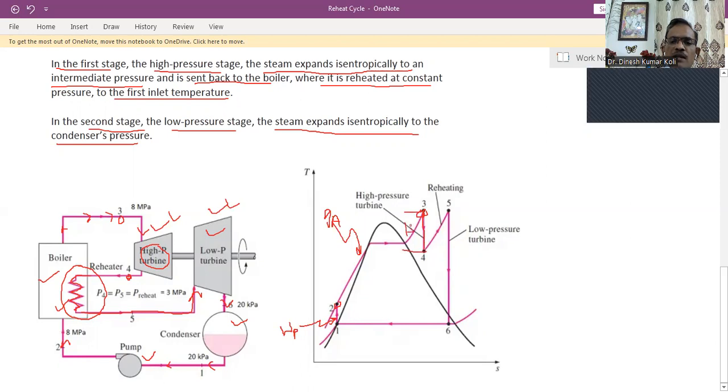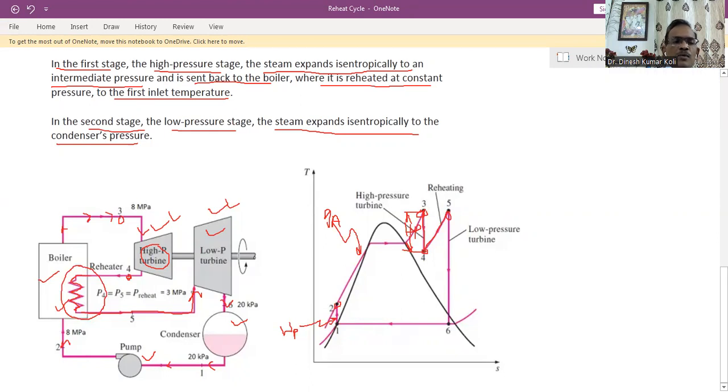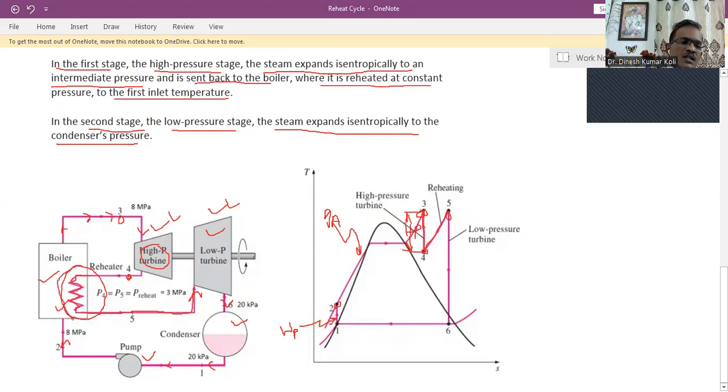Then from point 4 to 5 is the part in which the steam is reheated in the boiler. The steam comes from the HP turbine and passes through the reheater section before going to the LP turbine.